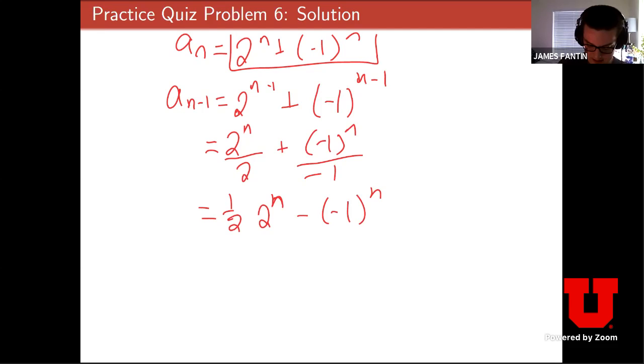And then what were your next steps that you were going to say? Move the 1/2 over, and you need a plus sign again somehow. Maybe take out a -1. Yeah, we could take out a -1, so then we'd have negative.